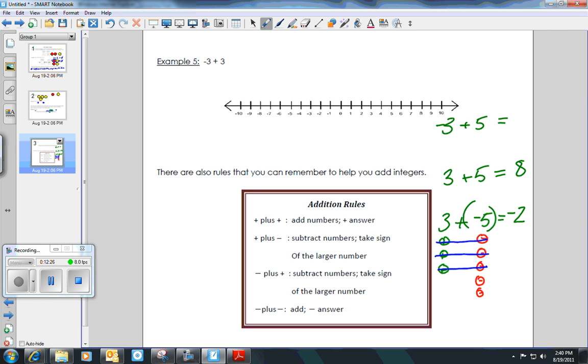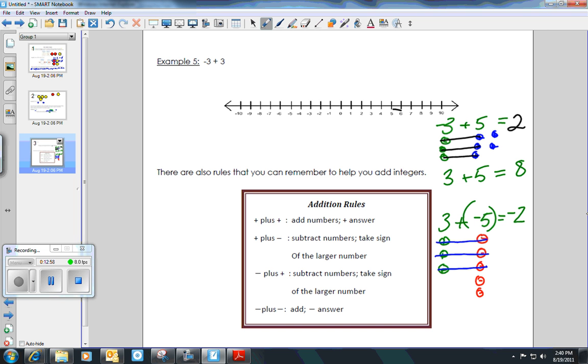Okay, now in this example, I would have 1, 2, 3 negatives and 5 positives. When you're drawing your counters out, this is how you're going to do it. Now, these 2 will cancel, these 2 will cancel, and these 2 will cancel. So now I have 2 positives left, so my answer is a positive 2.